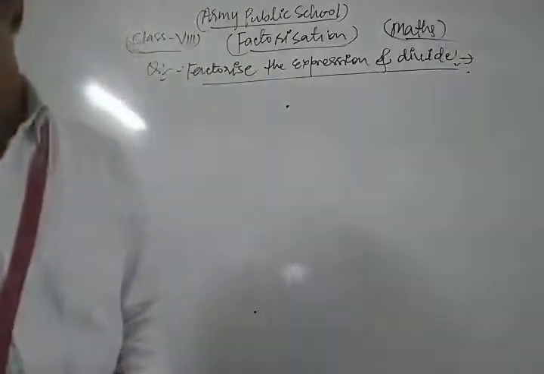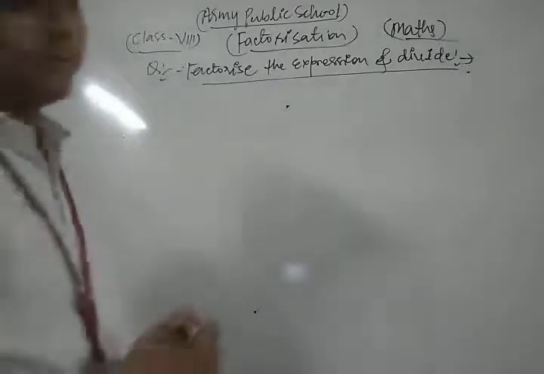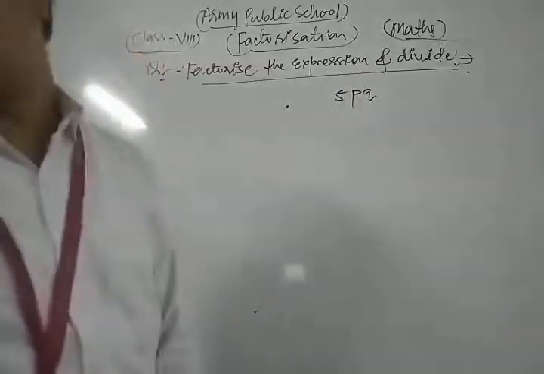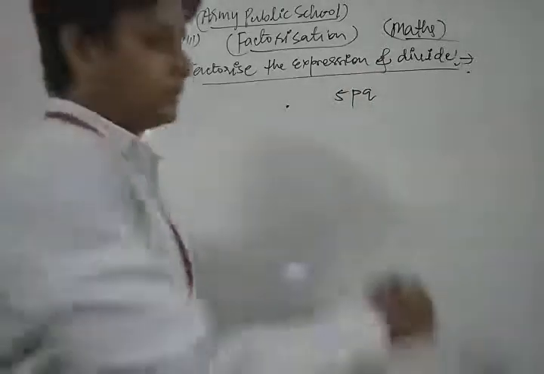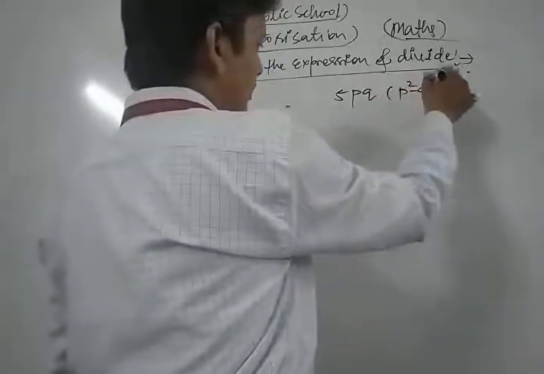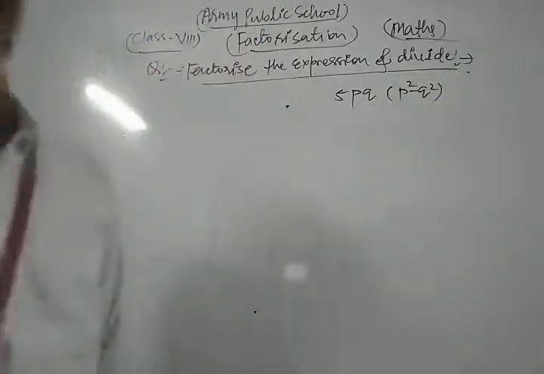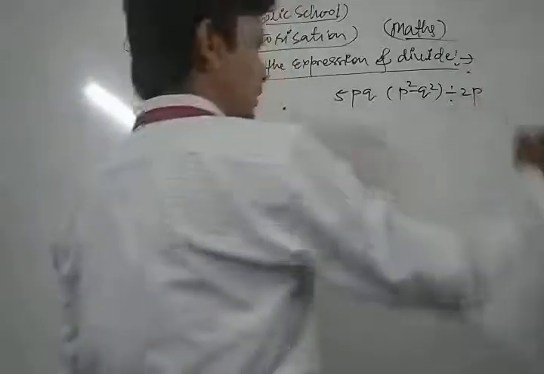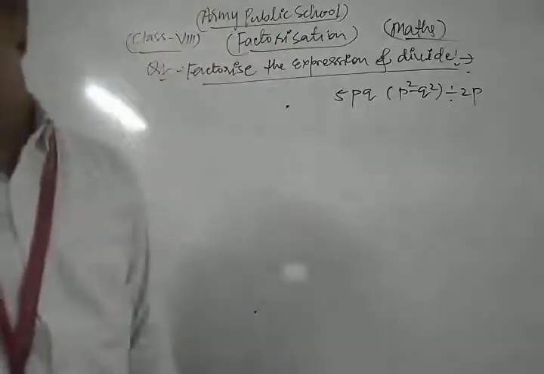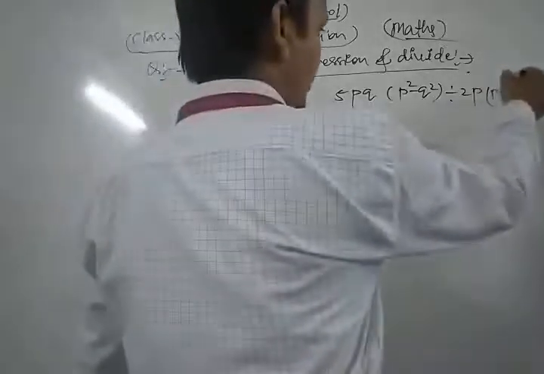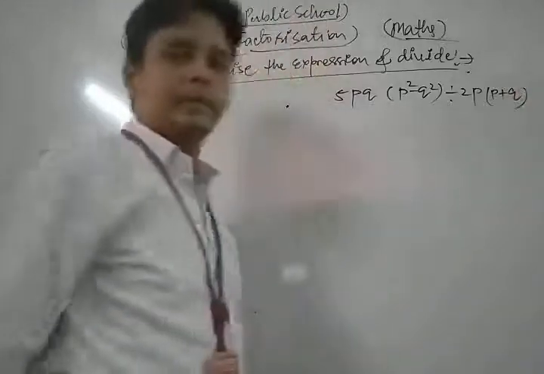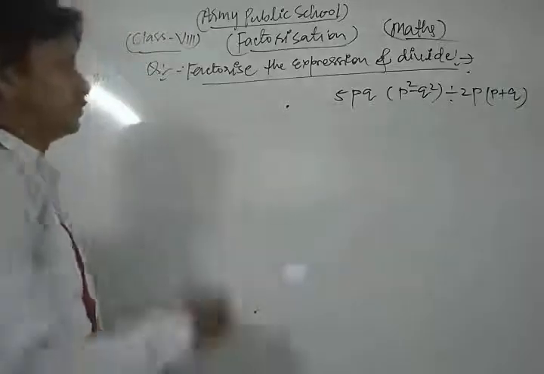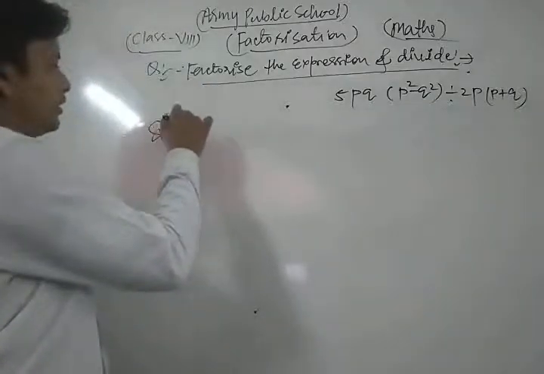Your expression is 5pq in one bracket, (p square minus q square), divided by 2p in another bracket, (p plus q). Okay, so this is a very important question. Now let's see its solution.